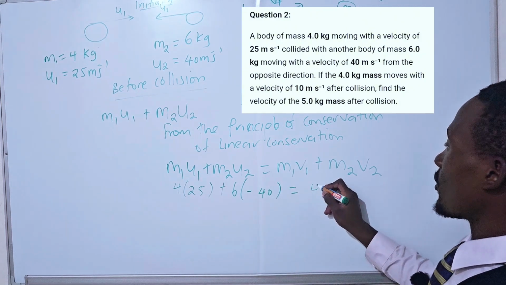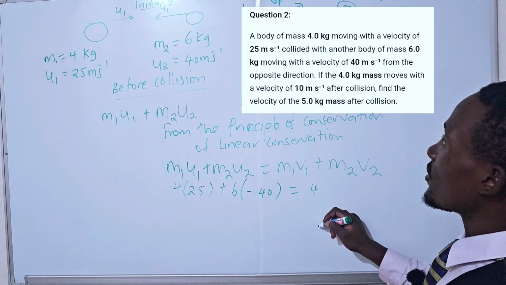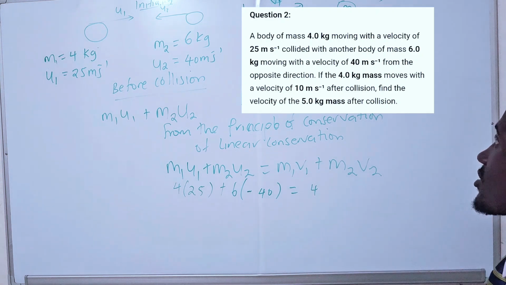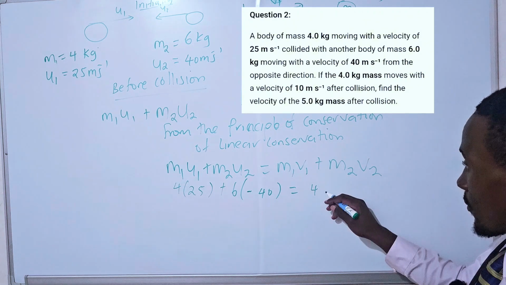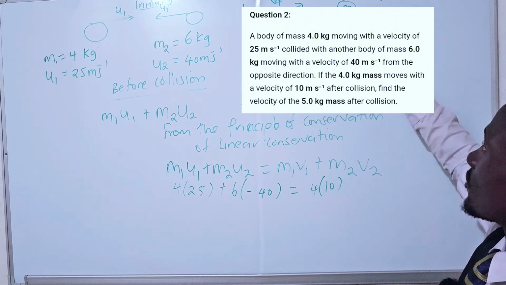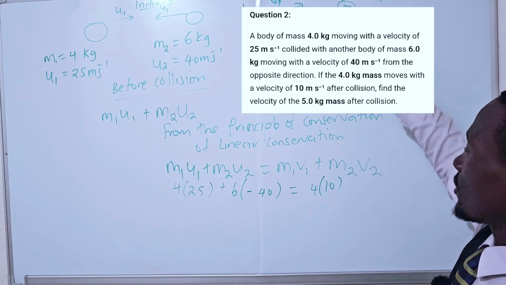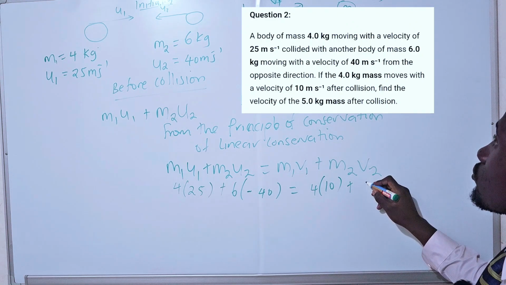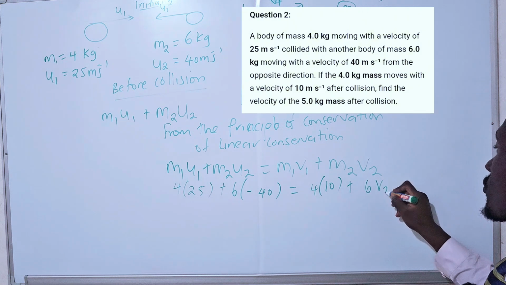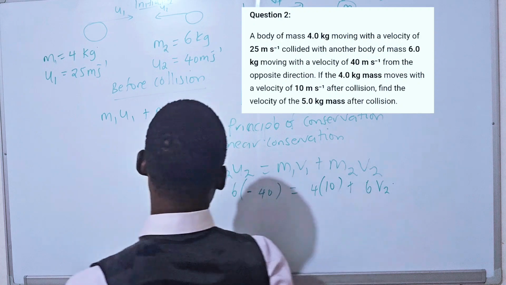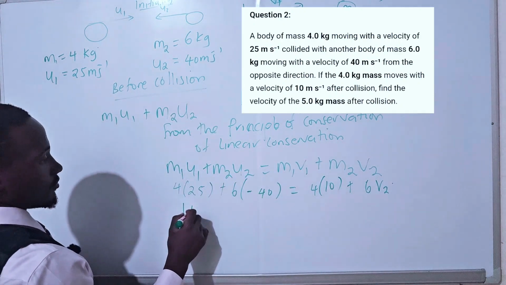Is equal to M1 4 times V1. That is the velocity of a 4 times 10. They said it moves with a velocity of 10. Oh, I never wrote it here. Plus M2 same mass times V2. So when you place this, you're going to have negative 100.